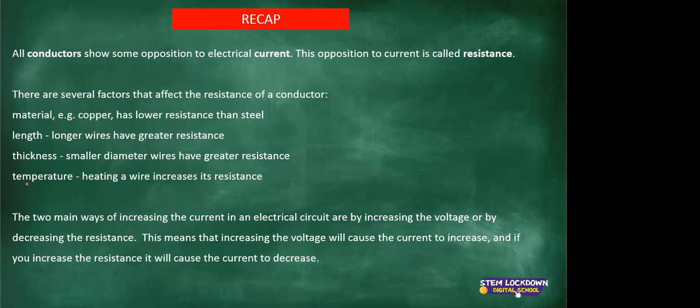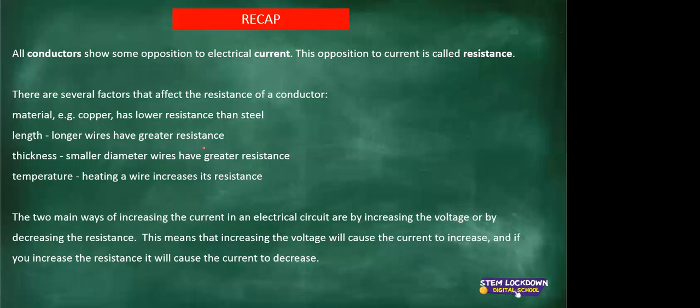And if they say name 4 factors and give an explanation, then you're going to say material. For example, copper has a lower resistance than steel. Length: the longer the wire, the greater the resistance.